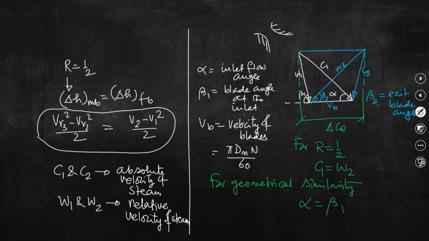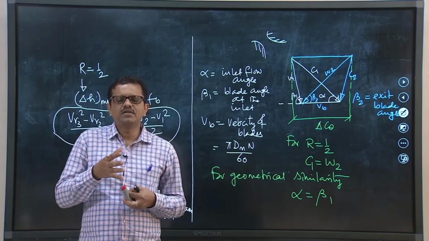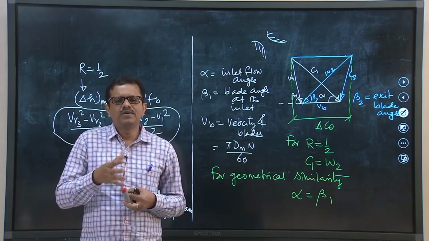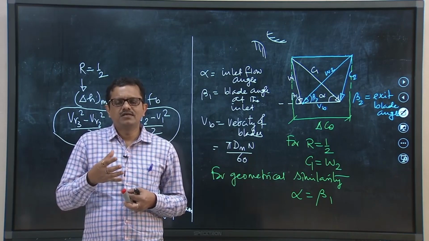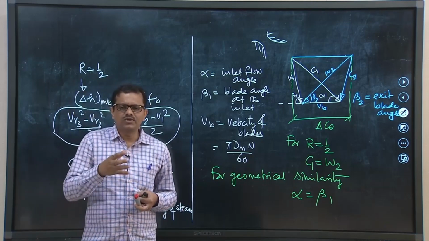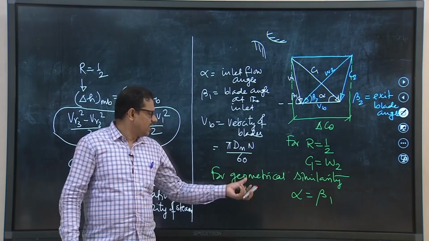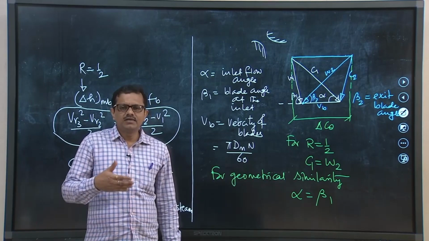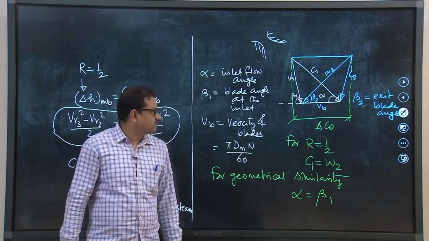In fact, this is a true case because blades of the turbine are manufactured by an extrusion process from the same dies, and geometrical similarity is maintained. So alpha equal to beta 1.